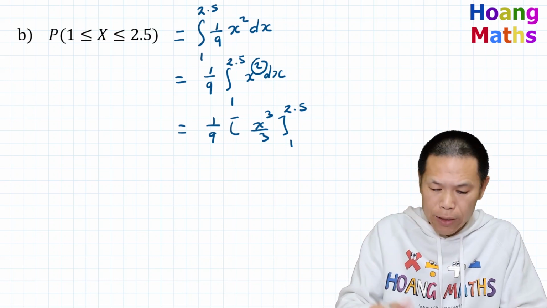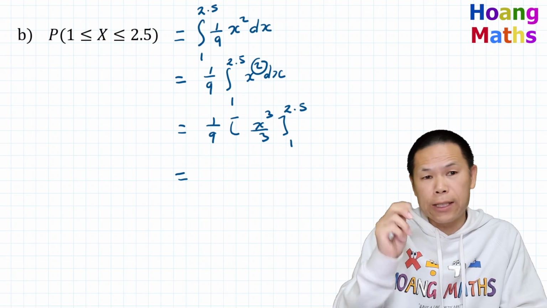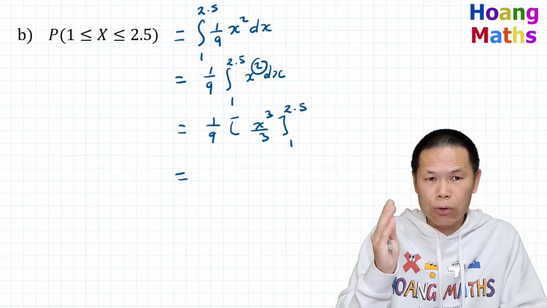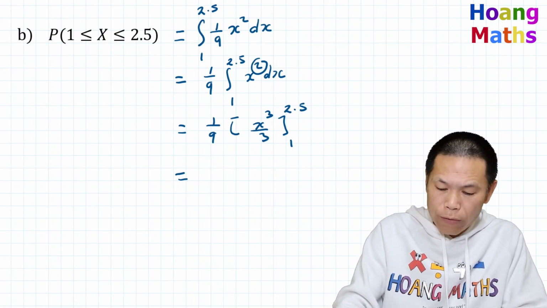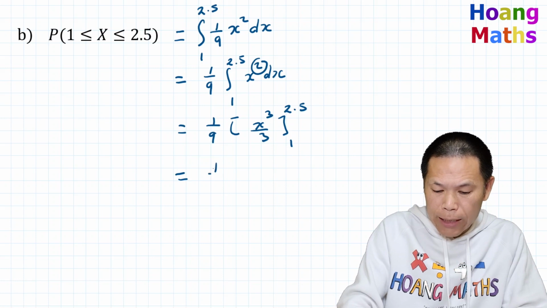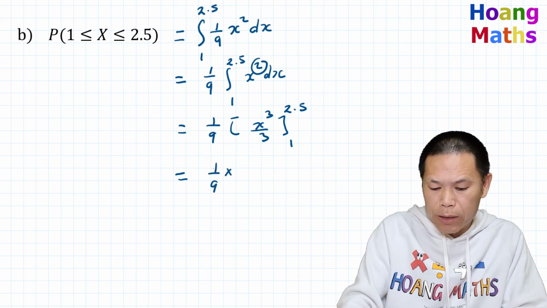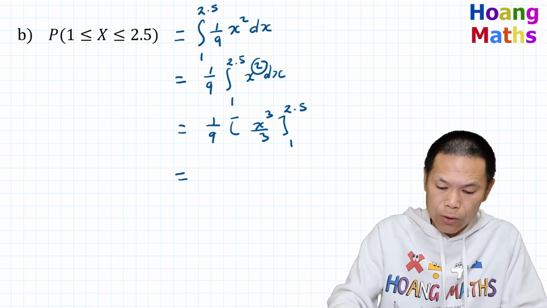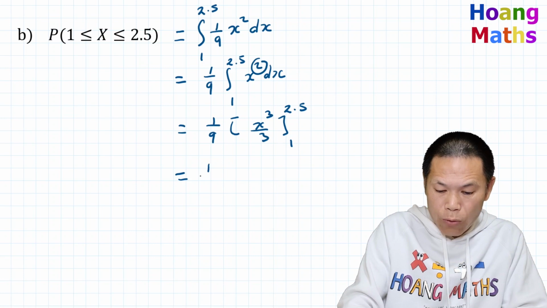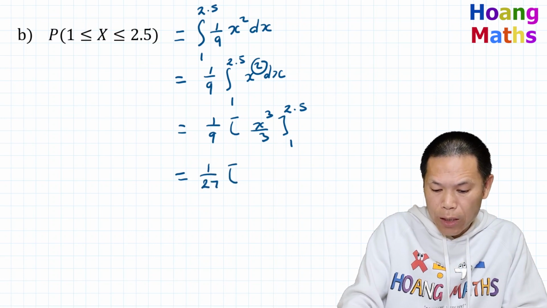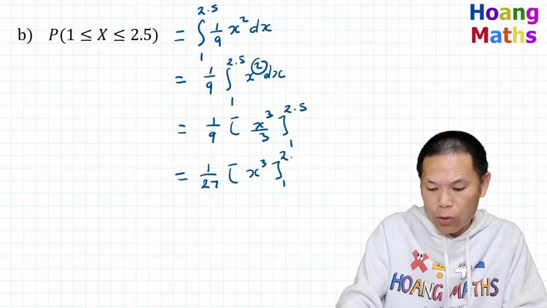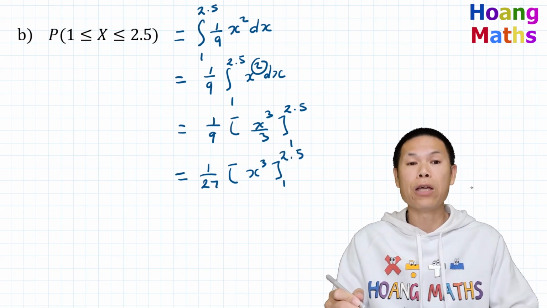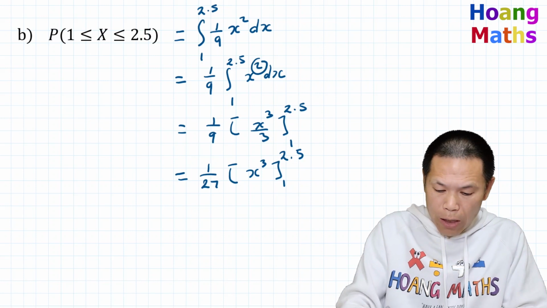Or I can take 1/3 out first to get rid of the fractions. 1/9 times 1/3 is 1 over 27. So that becomes 1 over 27 times x to the power 3, from 1 to 2.5. Now we just evaluate this.